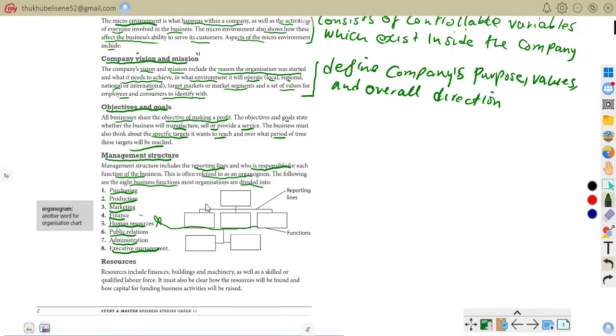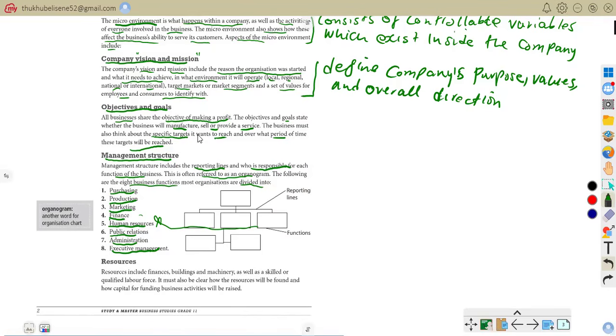For example, if a new machinery has to be purchased, the financial position of the company has to be examined. In this way, all the company's functions link together as a unit, striving for a common goal.